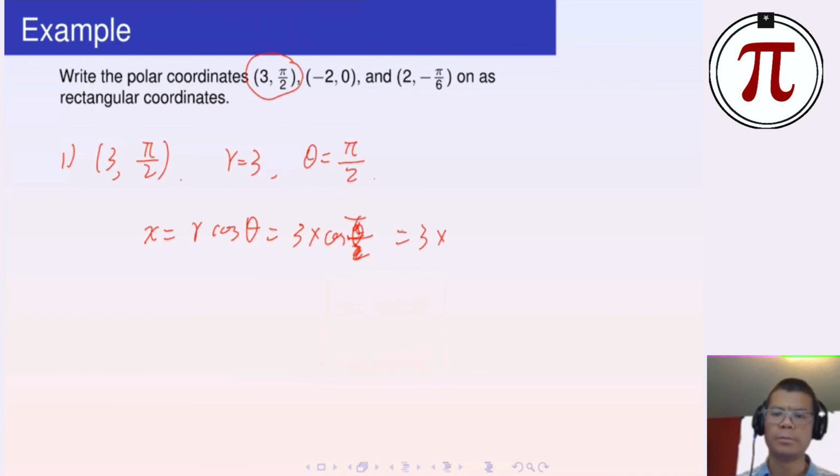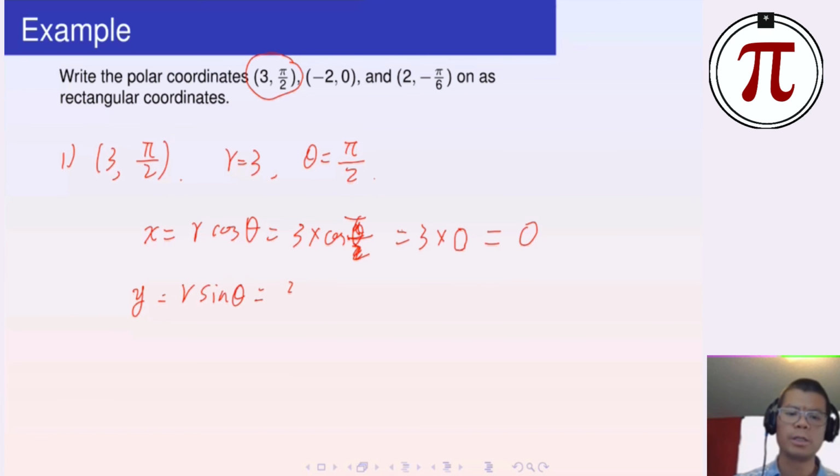What is cosine pi over 2? 0. So this one is 0. Y equals r sine theta equals 3 times sine pi over 2, which is 1. So it's 3. The xy coordinate is simply 0 and 3.